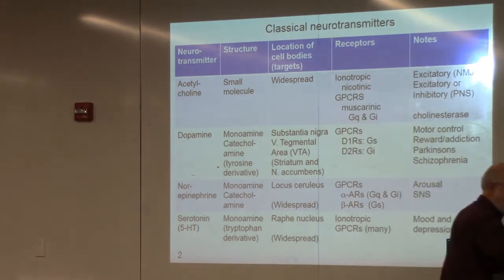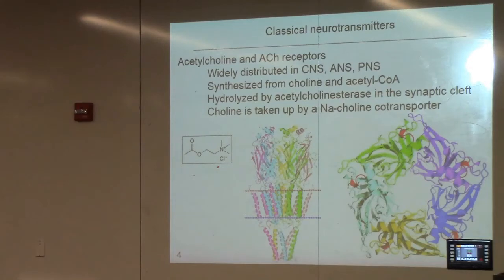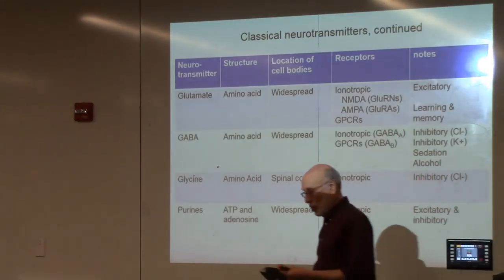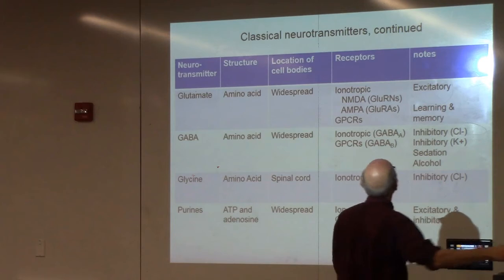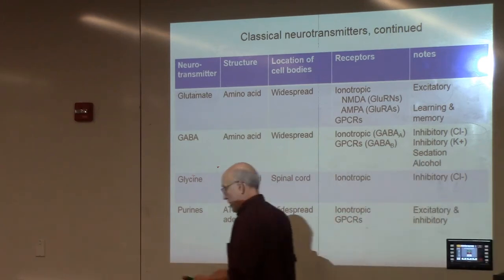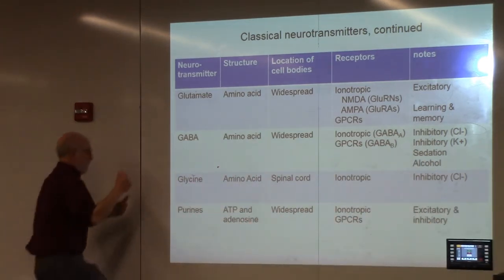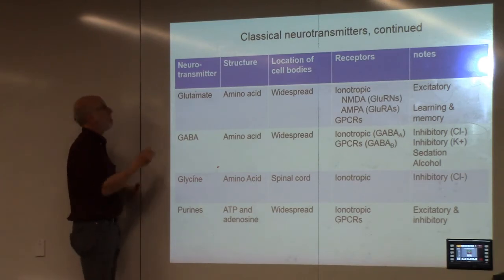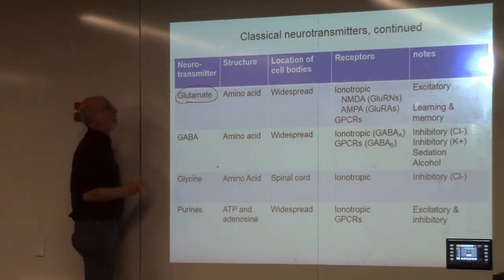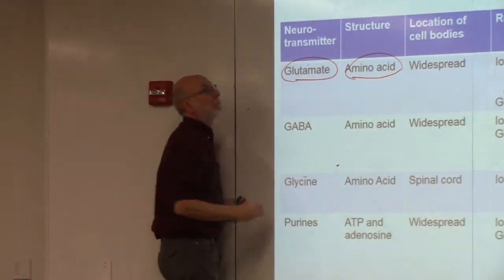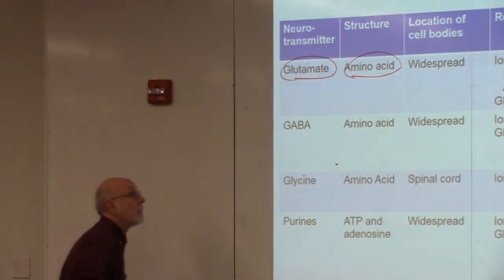Okay. So now, let's go to some more neurotransmitters. So these are more classical neurotransmitters. I want you to know that glutamate is an amino acid. You already know that, but it's also a neurotransmitter.